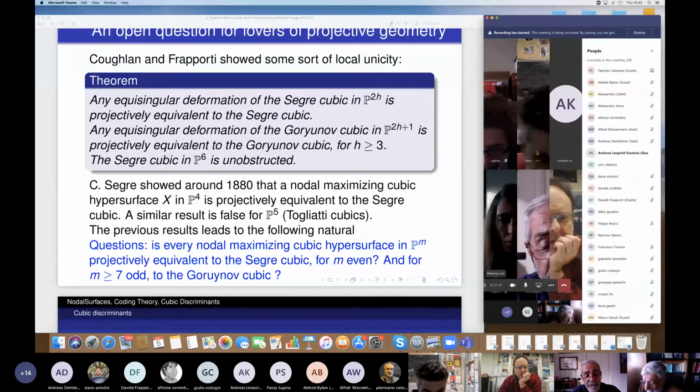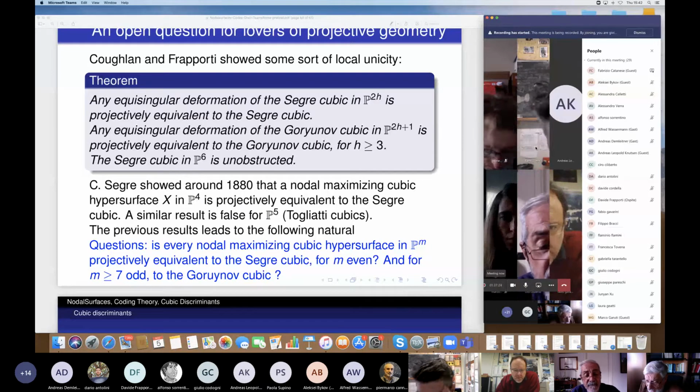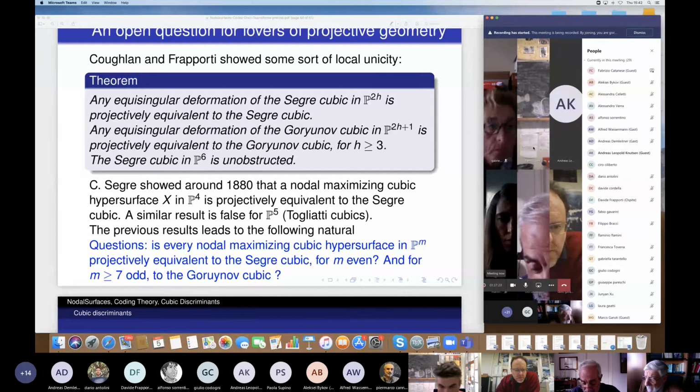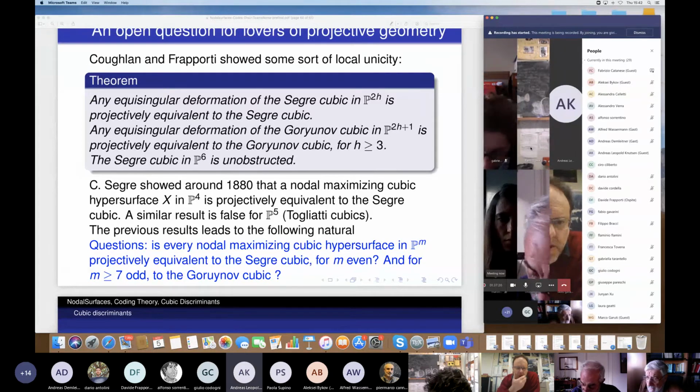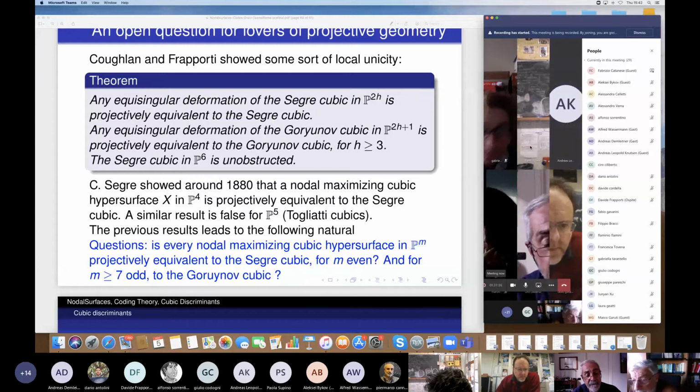But not for degree smaller than 6. So I think for degree up to 5, they should be unobstructed. And this is based on the study of the geometry of the Fano varieties of lines on cubic hypersurfaces in P4.